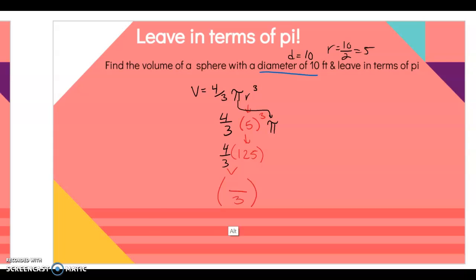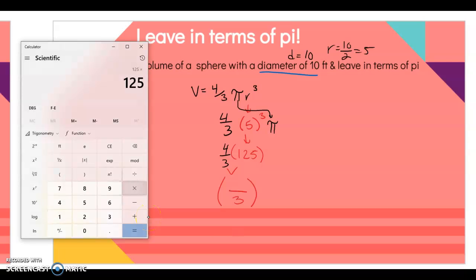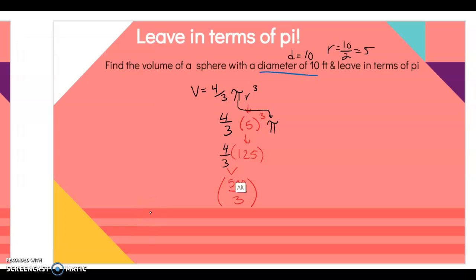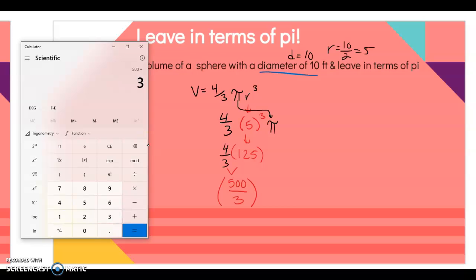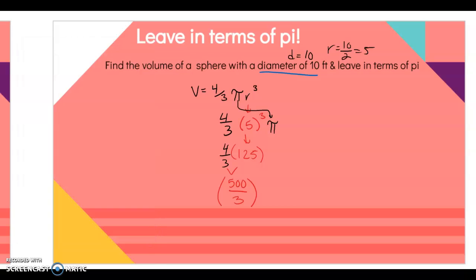Let's see if we get a nice number. 125 times 4 is 500. If I divide that by 3, ooh, I really don't get a nice number. So I'm actually going to leave it as is. So my volume is 500 divided by 3 pi feet, since I'm dealing with feet, cubed.